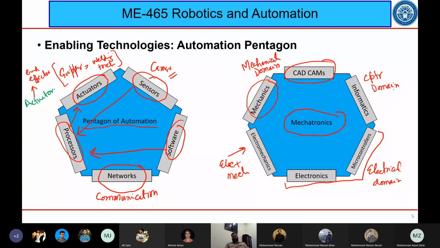So अब अगर आप इसको देखें, अब आप इसको analyze करें. To become a roboticist, you do not require to be a mechanical engineer or a computer engineer or an electrical engineer.